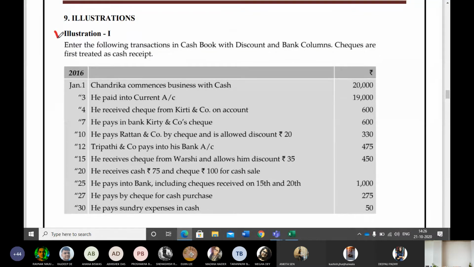You do this question as a double column cash book. Ignore the discount column. I'll solve another question for you where we'll see how discount, cash and bank columns can be prepared together. Okay, sir.